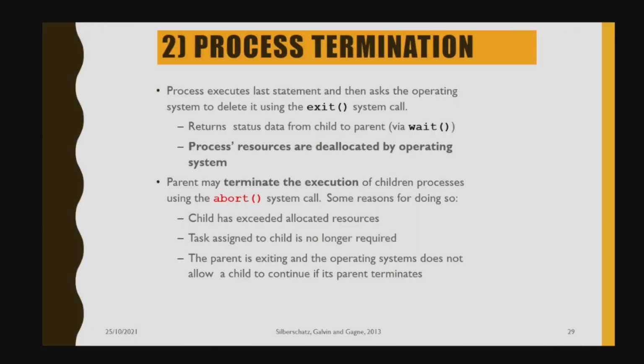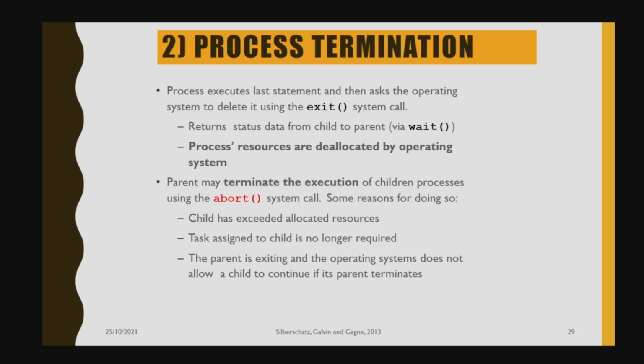So the next topic is termination. In this, the process executes its last statement, meaning termination is the last step for a process, because it is the end of the process. When a process executes its last statement, it asks the operating system to delete it using the exit system call.